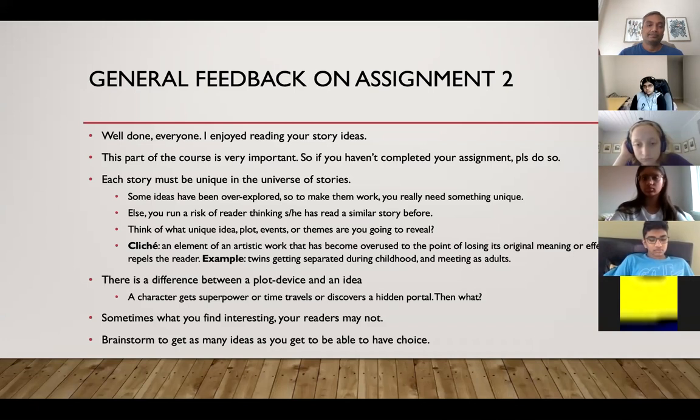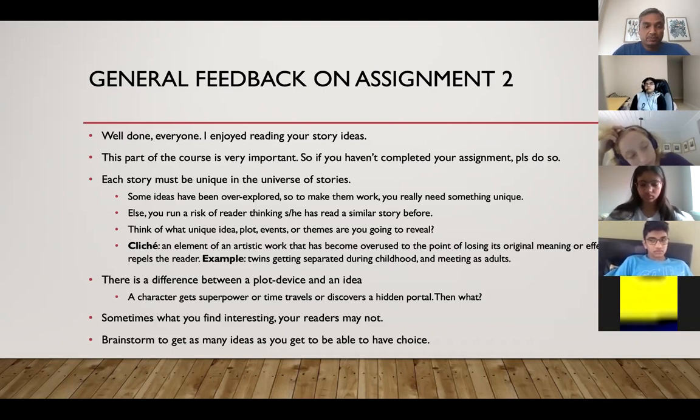It's very important, right? Because some ideas are over-explored, right? And if you really want to work on those ideas, you really have to find uniqueness in how you're going to be dealing with that idea. Else your readers are going to be really having familiarity of that idea, and they're going to be leaving it midway or may not even pick it, right?